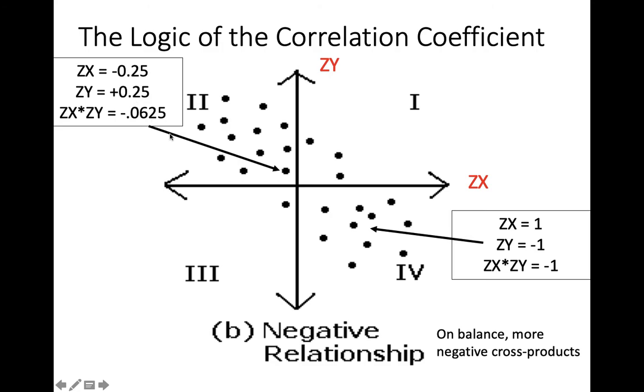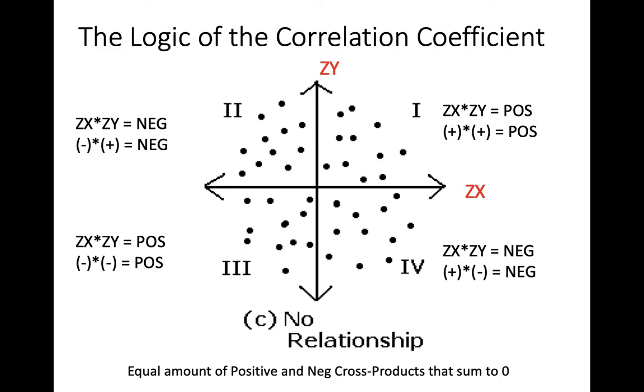When multiplied together, we're getting a smaller number, but you can still see that it's a negative number. So with a negative correlation, what this formula is ultimately capturing is that on balance, we get more negative cross products, so that when summed together and then ultimately averaged, we're going to get a negative result.